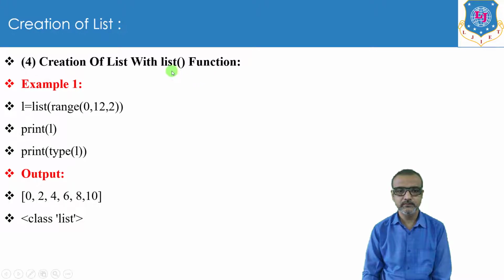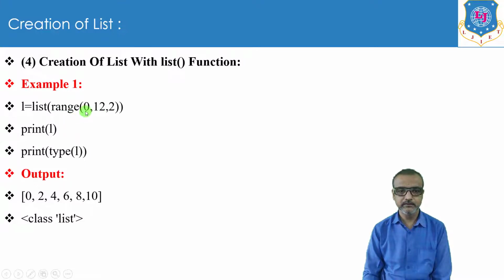This is the inbuilt list function, and now we are going to create a list with the help of this list function. Example 1. Here I have taken the variable L, that is equal to list. In the brackets we have given the range function.